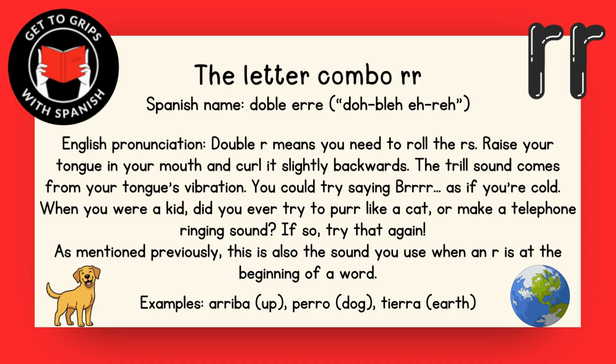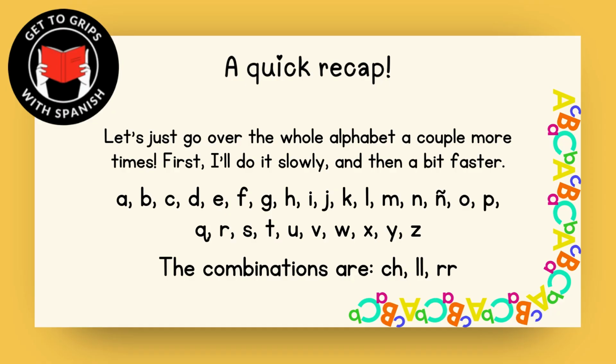As I mentioned previously, this is also the sound you use when an R is at the beginning of a word. But within words, examples are arriba, meaning up, perro, meaning dog, and tierra, meaning earth. So it's a double R. And that's it, we've finished.